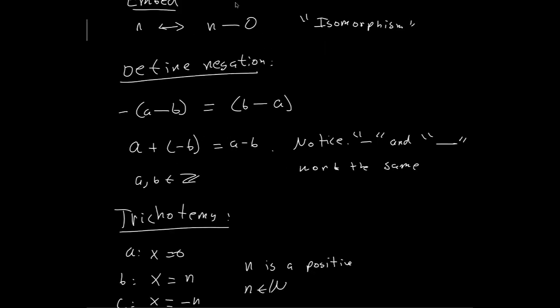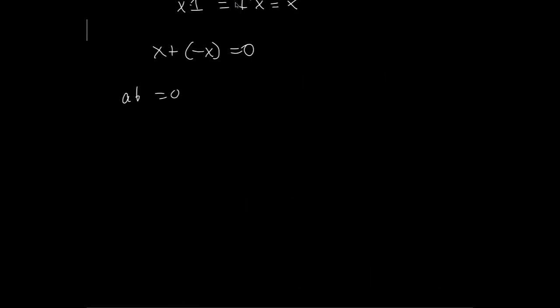One of them is that if you have ab equals 0, then either a is 0 or b is 0. How do we prove this? Well, it's not hard to prove. Say a equals (m, n) and b equals (j, k), I'm running out of variables.